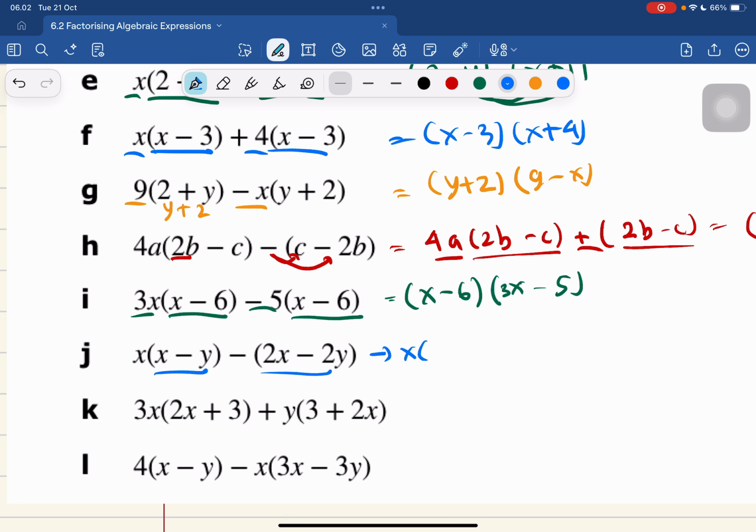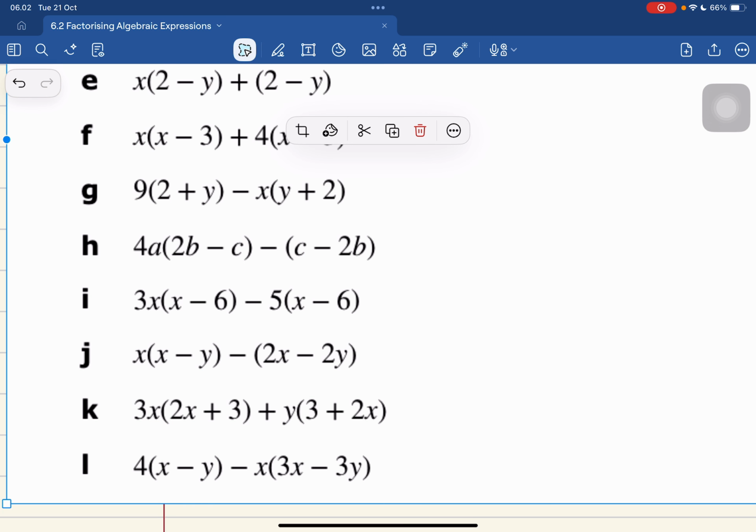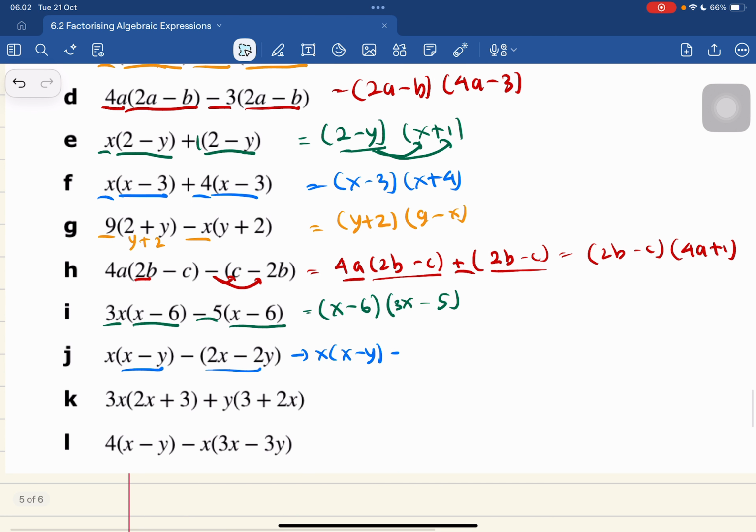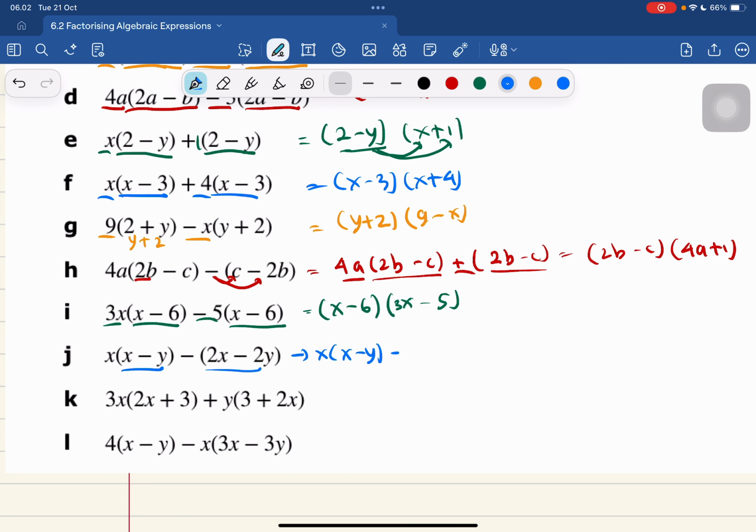This is x multiplied by x minus y minus, take out number 2, and then multiplied by x minus y. We factorize it. So we got x minus y and x minus y as the common. So we can write it x minus y multiplied by x minus 2.